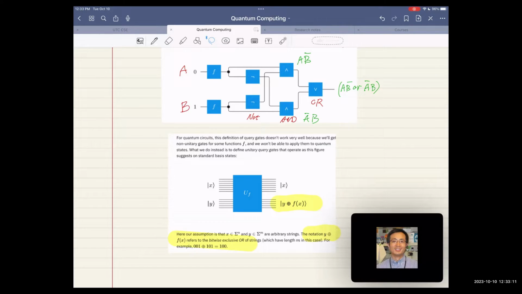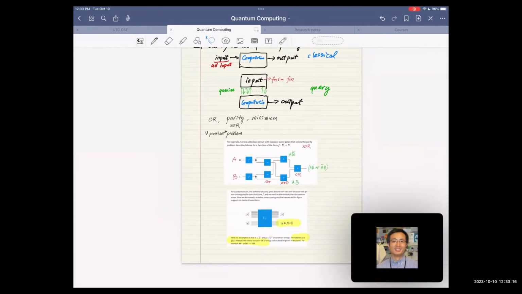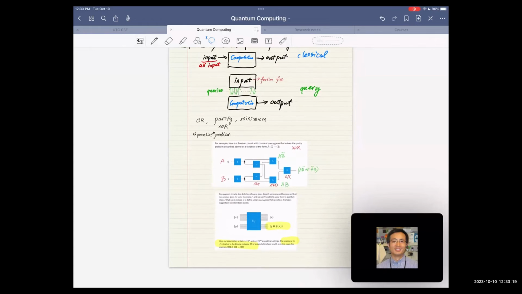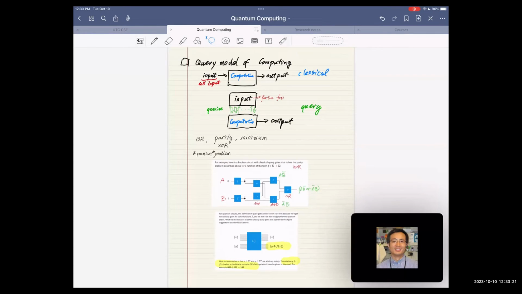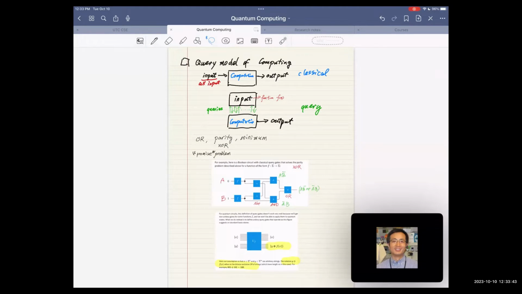Does this make sense to everyone here? The idea is that for classical computing, we have the data input, and all the data input is computed. But for the query algorithm, what we are trying to figure out is actually the function itself. This is what the Deutsch algorithm is going to operate on.